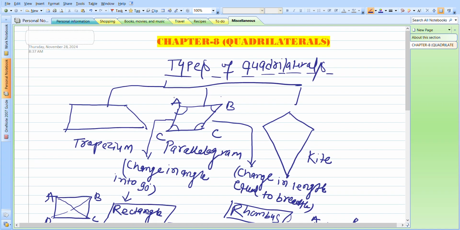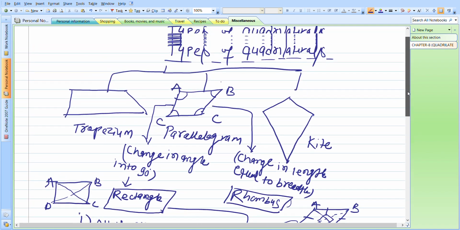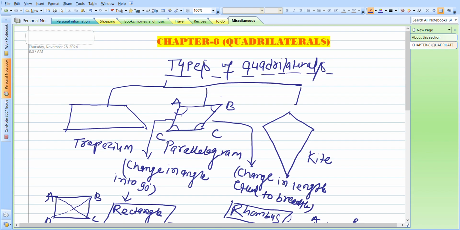So we can revise. I think you understood all the concepts. In this video we discussed quadrilaterals. Quad means four and lateral means sides, so a closed figure which has four sides is a quadrilateral. Then we discussed the types of quadrilaterals.